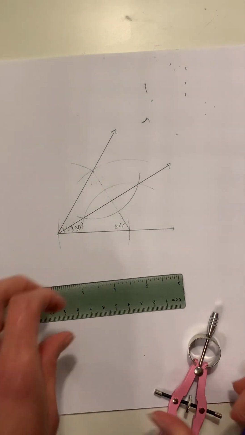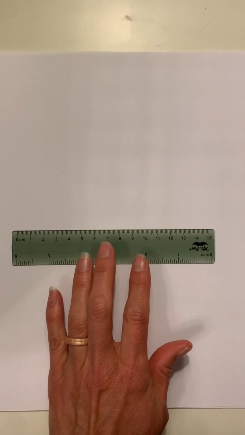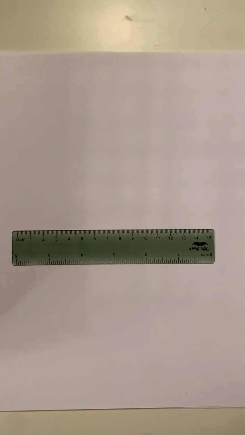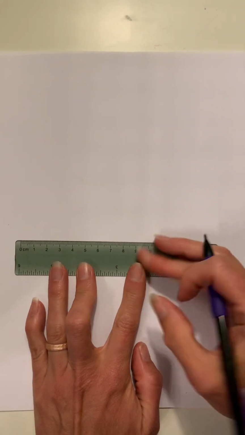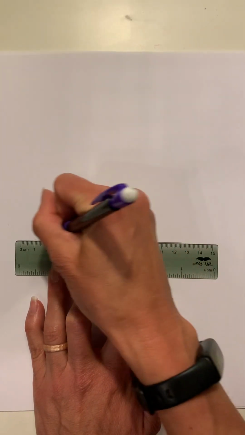How about a 45? Well, the first day we did these, what did we make a ton of? We made a ton of perpendiculars. Well, when you're drawing a perpendicular, what angle are you creating? Two perpendicular lines meet at a 90-degree angle, right? So how do you think we're going to make a 45 from a 90?